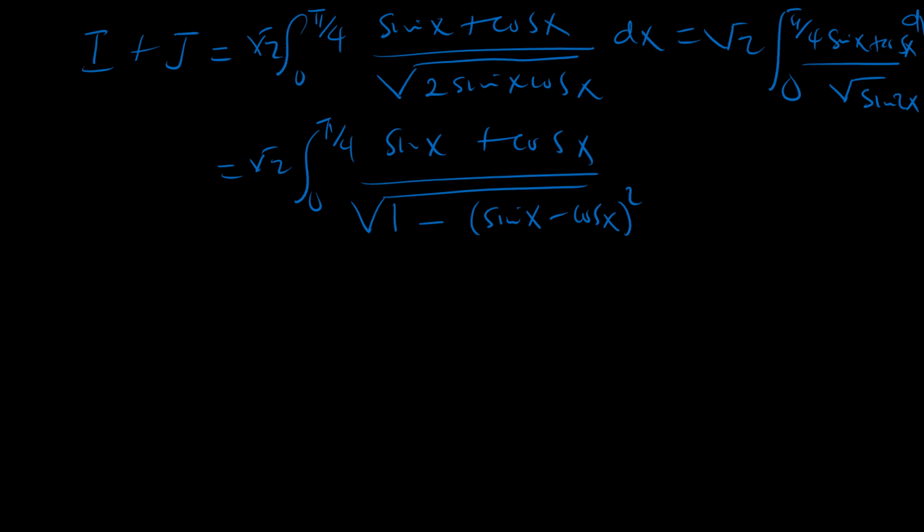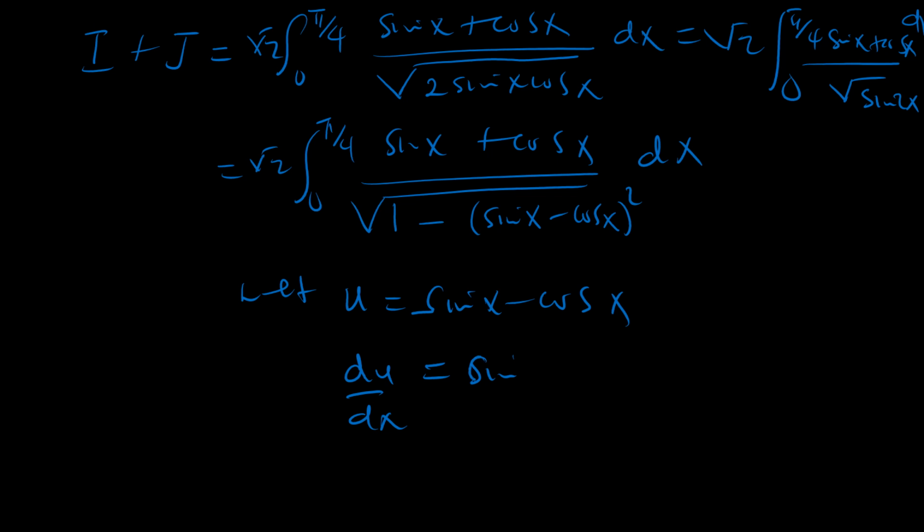So here clearly we see that we could say let u be equal to sine x minus cosine x, such that du dx is equal to cosine x plus sine x.